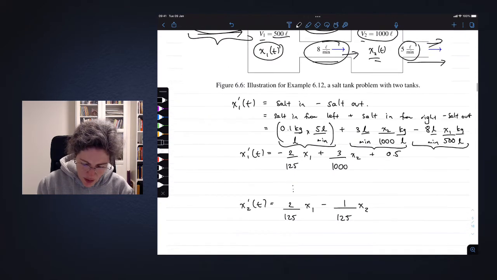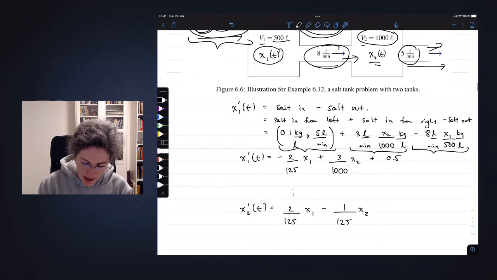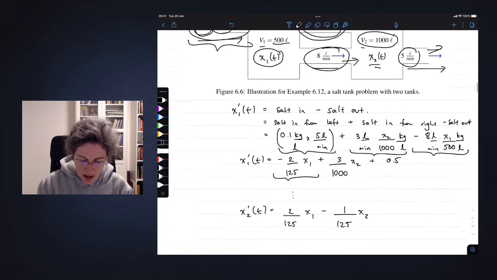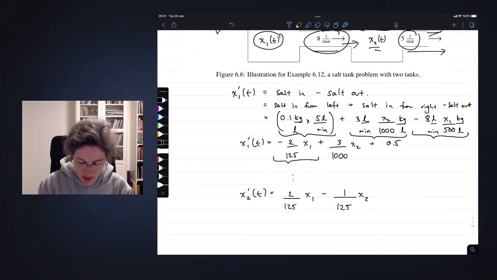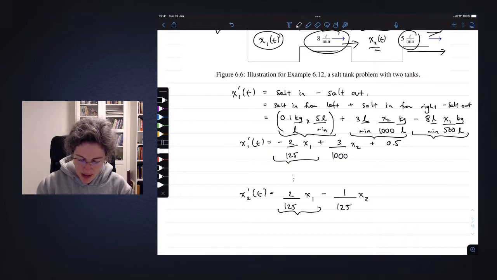So, things that you can look at to check that you're thinking about things in the right way: the amount of salt that is leaving tank 1, because salt only leaves tank 1 to go to tank 2, should be the amount of salt that is entering tank 2 from tank 1, which we've got over here. So you should be able to check that you've got things correctly, and there we go.